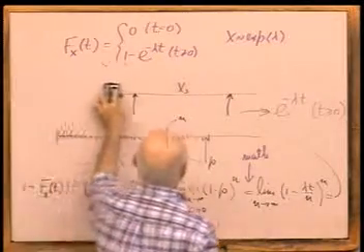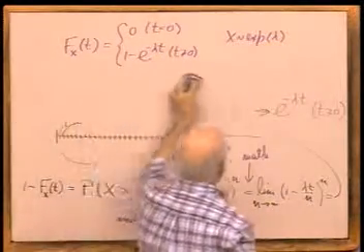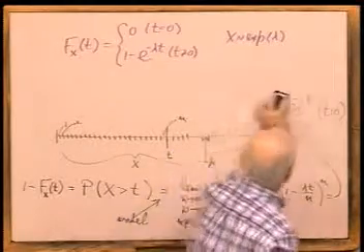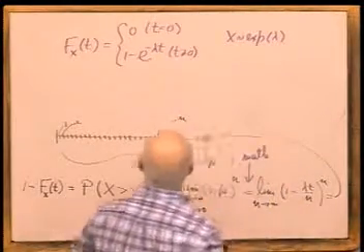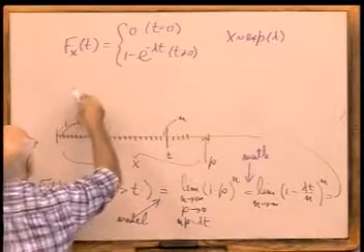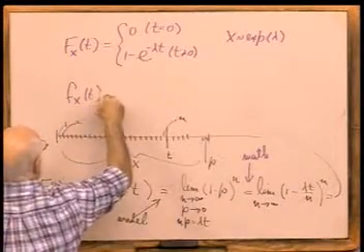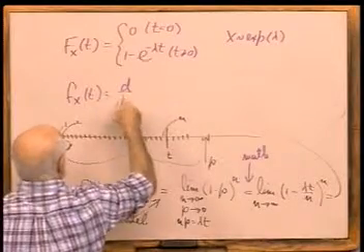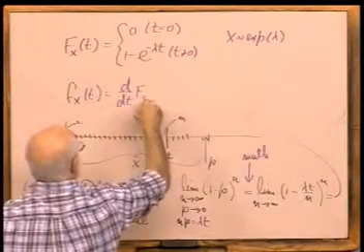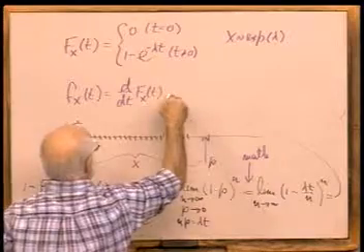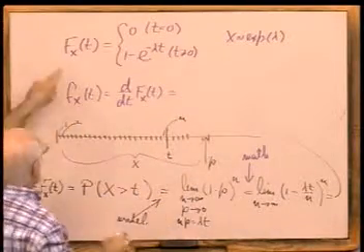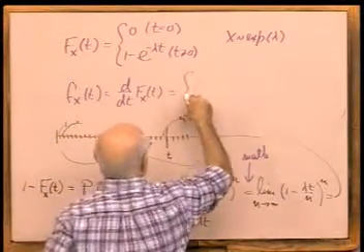Okay, so let me erase this. The first thing is I can calculate the density function by differentiating the distribution function. And when I do that, of course I get the 2 branches.